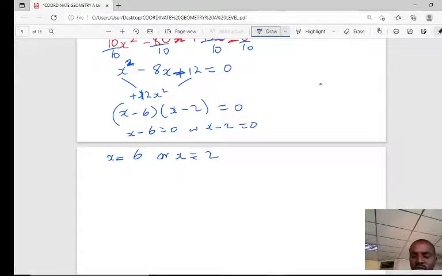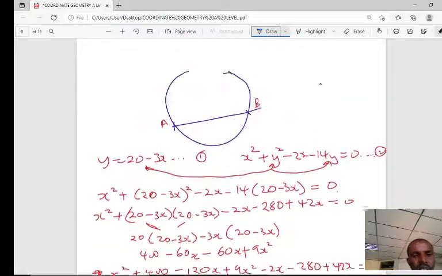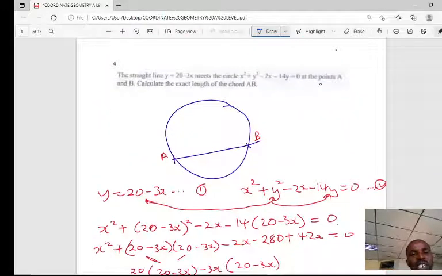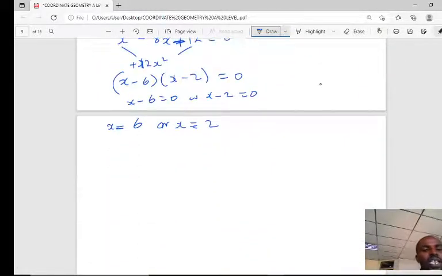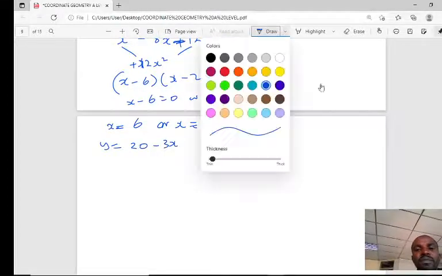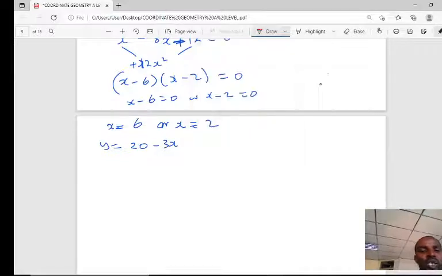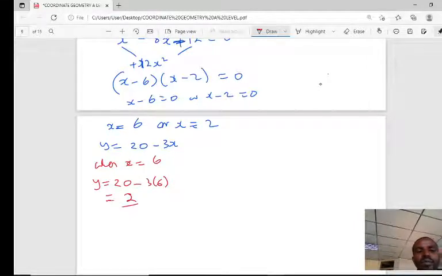Right, then you have to find the corresponding y values. You can take the equation of the line, y is equal to 20 minus 3x. Let me take this one. Using this one, when x is equal to 6, what will be y? Y is equal to 20 minus 3 by 6, which is 20 minus 18, which is 2.